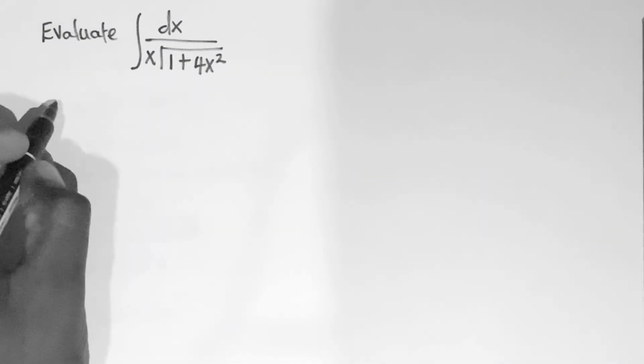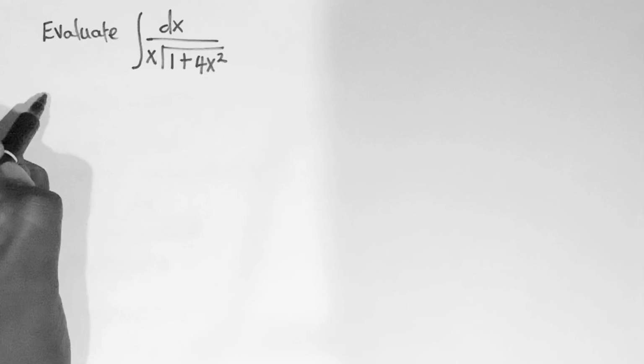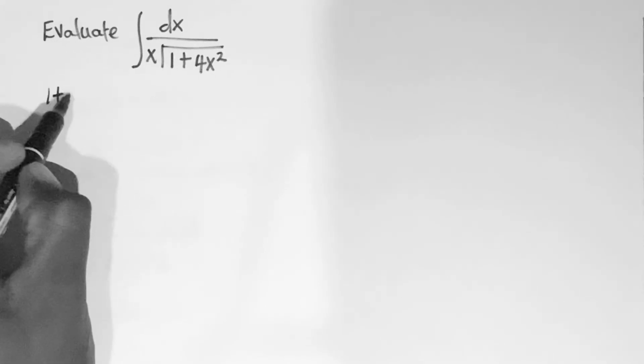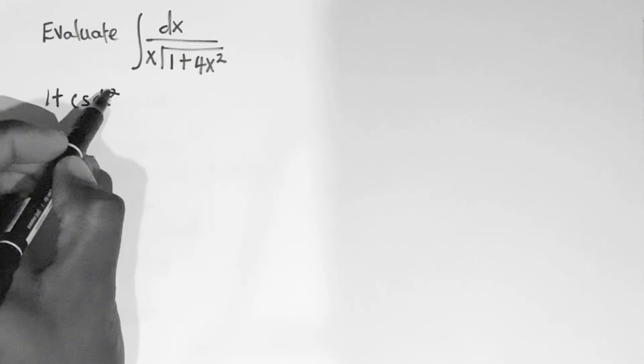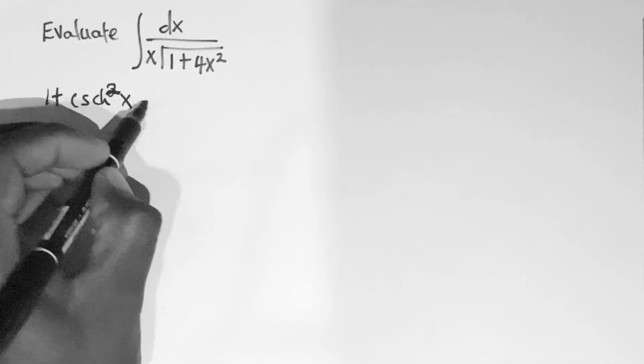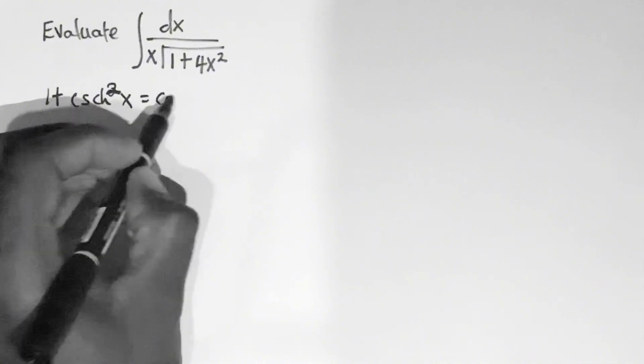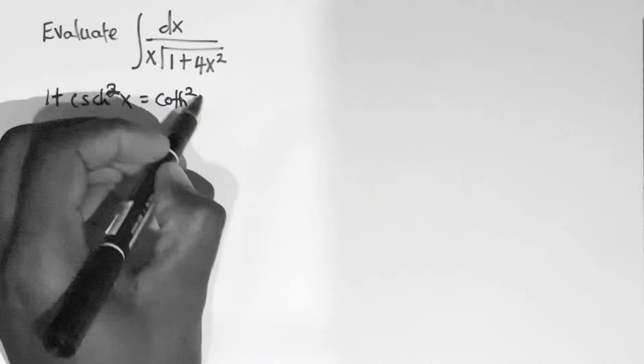Remember that from hyperbolic identities, 1 plus cosech squared x is equal to coth squared x.